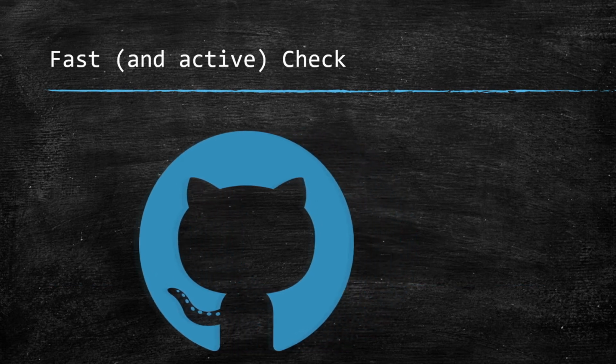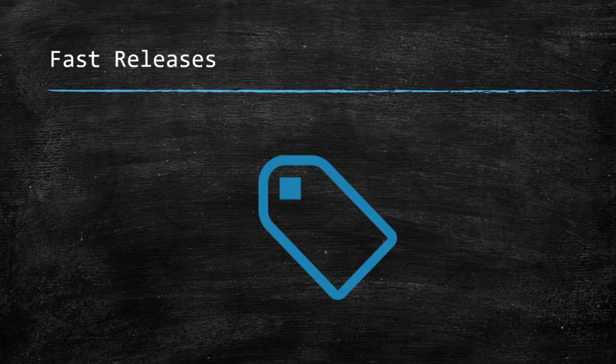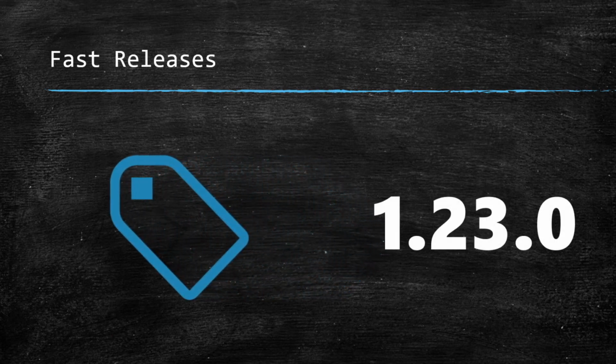On the contrary, in the case of FastCheck, we have more than 240 issues closed and over 30 issues open right now. Regarding its releases, FastCheck has a total of 81 versions since it started developing 2 years ago. Nowadays, its latest release is the 1.23.0, which was released a few days ago.